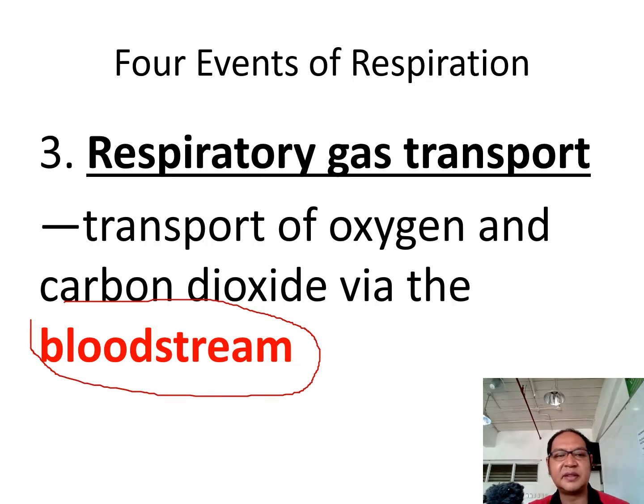So gas travels in the bloodstream. It enters the lungs, goes to the heart, and the heart is the one pumping the blood to circulate in the body and distribute it into the tissue. And it will go back again to the lungs. So that is respiratory gas transport.